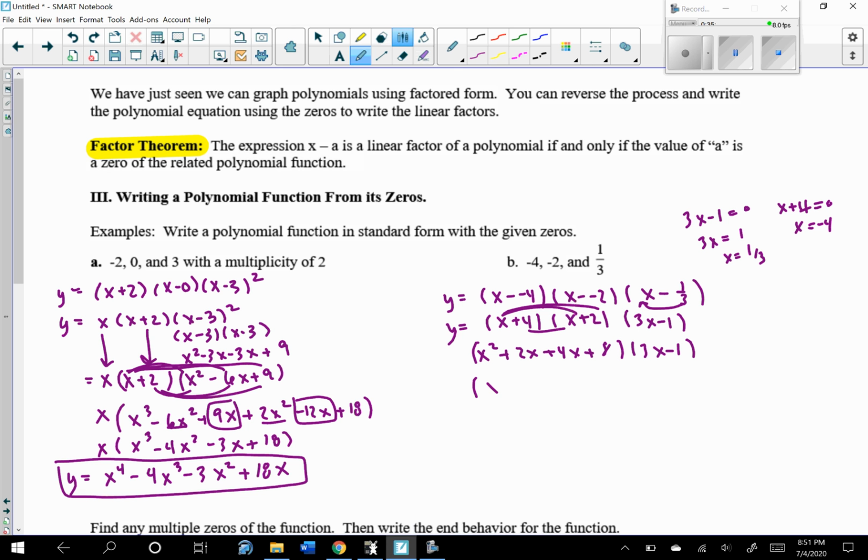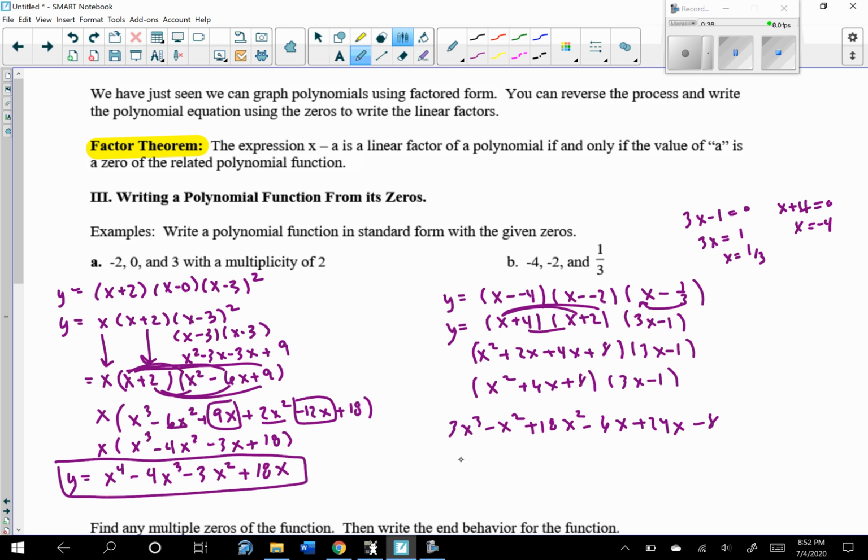So this becomes x squared plus 6x plus 8 times 3x minus 1, and then we have to FOIL all this out. So take this x times these two, and same thing with each of the terms. This gives me 3x cubed minus x squared plus 18x squared minus 6x plus 24x minus 8.